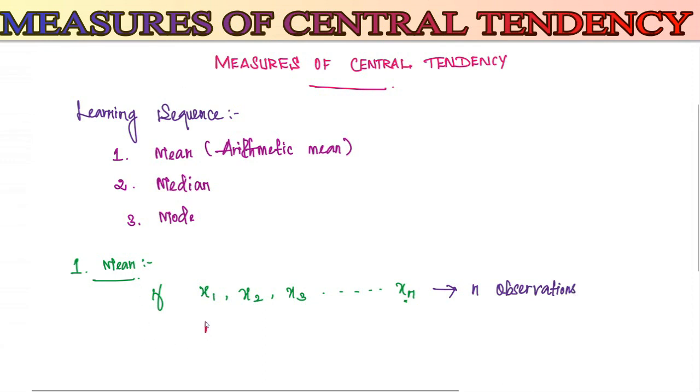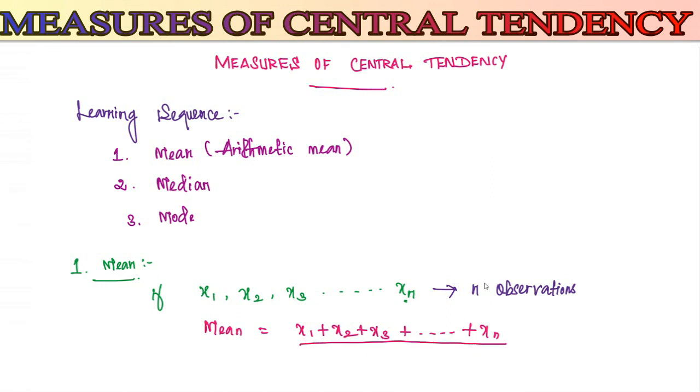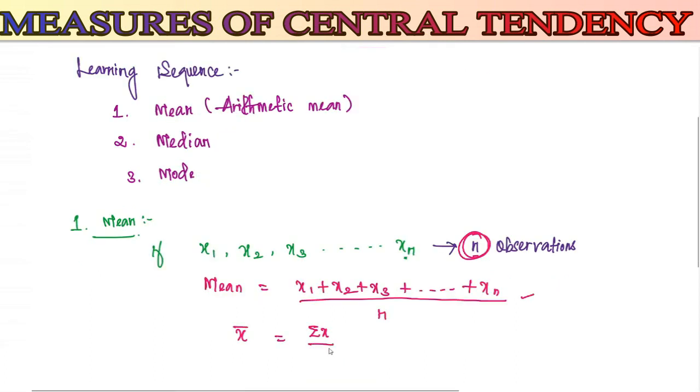Here, mean is nothing but we have to add all the values we have, x1 plus x2 plus x3 plus and so on till xn. So the sum of all the values of n observations, and the total number of observations is n, so we need to divide by n. This value we call the mean. The mean is denoted by the symbol x bar is equal to sigma x divided by n.